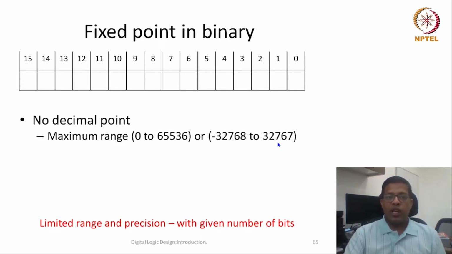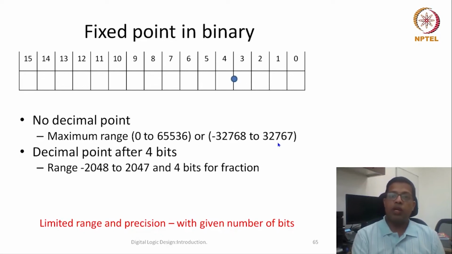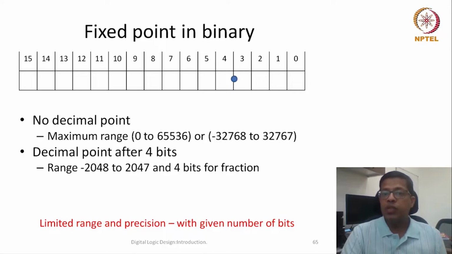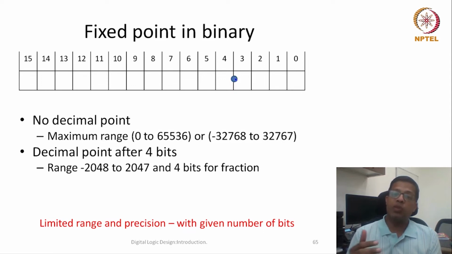Now let us say we have a decimal point. Where we put the decimal point is also a question. So let us assume that we are putting a decimal point after 4 binary digits, essentially after 4 bits. Again, try to understand, it is only an assumption. There is no explicit point; this binary point is implicit, and it depends on the understanding of whoever is reading and whoever is writing.